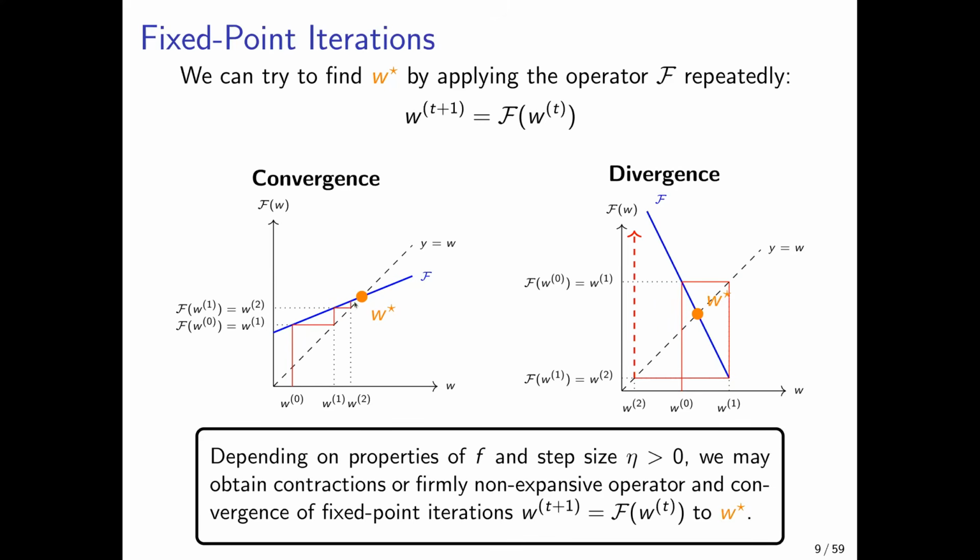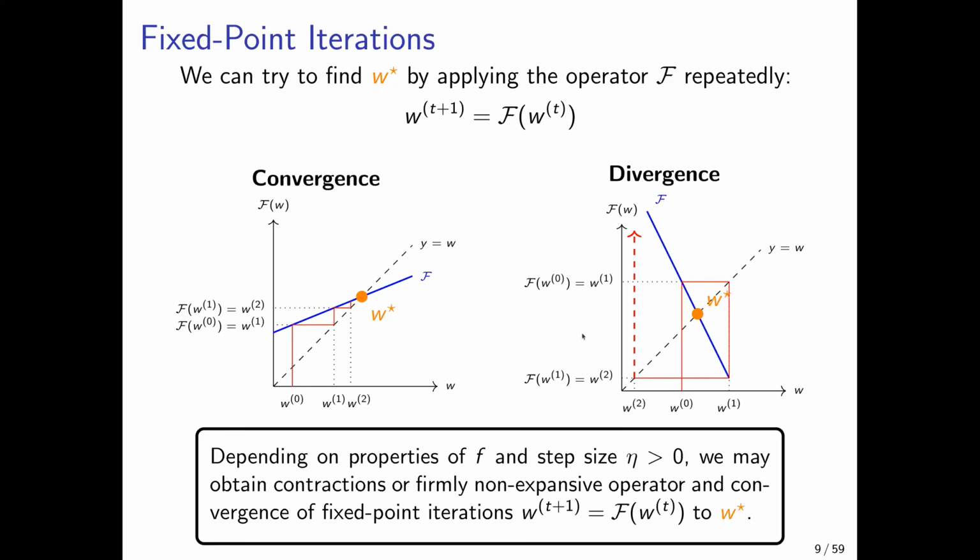This looks a bit like stairs moving closer to the fixed point, which is here given in orange, that's w star. And so it looks like this converges.